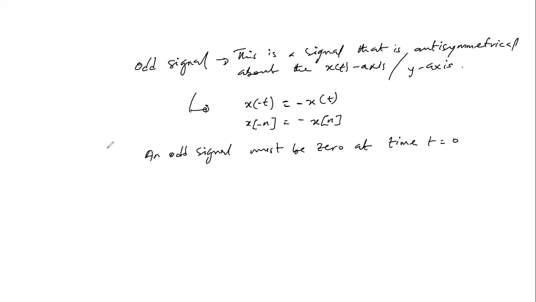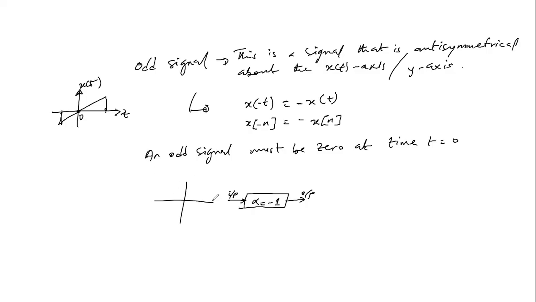So an example of an odd signal says something like this. See, it passes through the origin. Okay? So that is the time axis, and this is S of t. So let's take an example. Given a system that performs the folding operation, this is the input, and this is the output.